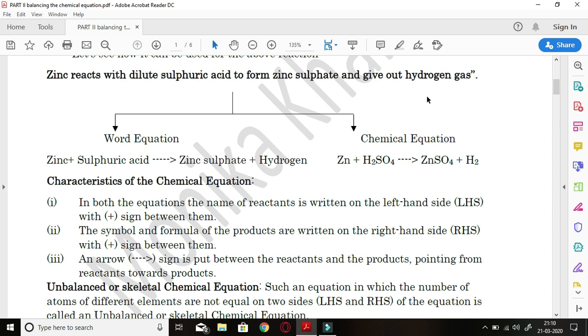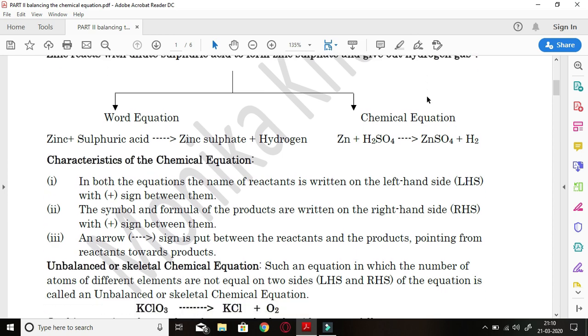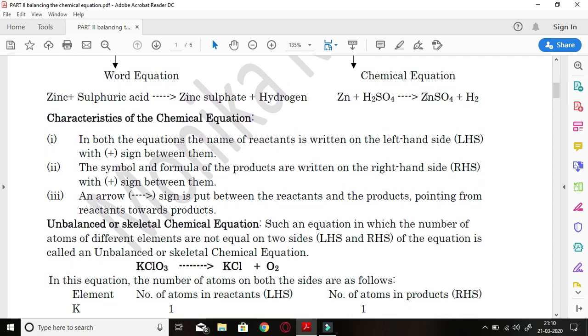So these are the two ways in which we can write a chemical equation. One is the word equation and another is the chemical equation. Now what are the characteristics of both the equations? First, in both the equations the names of the reactants are always written on the left hand side, called LHS, with a plus sign between them, that is zinc plus sulfuric acid.